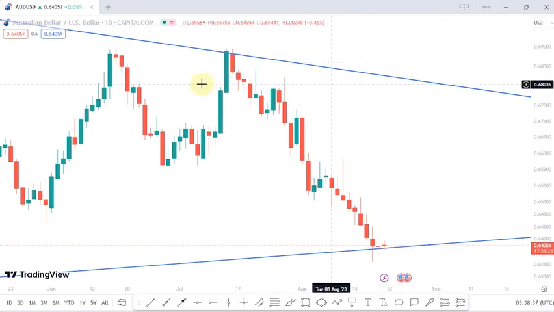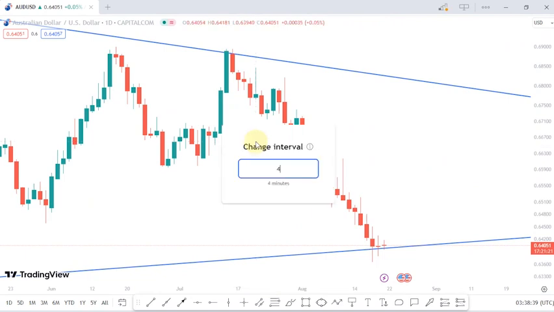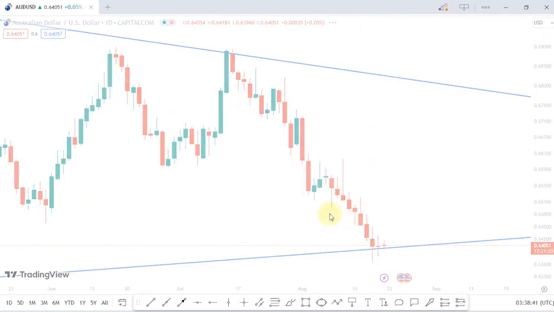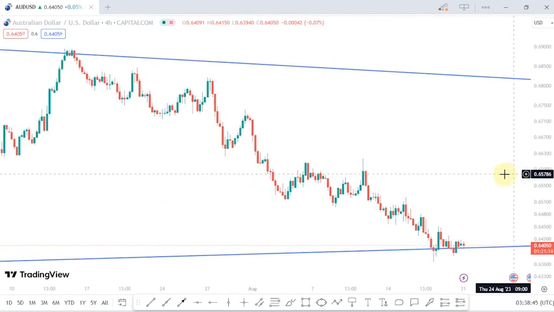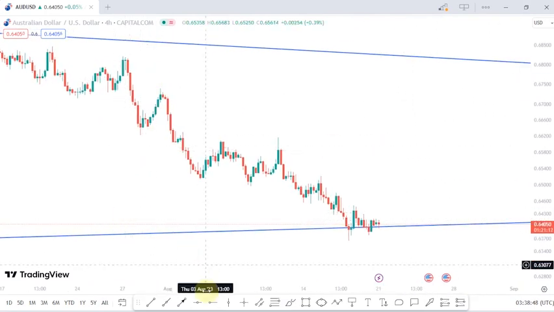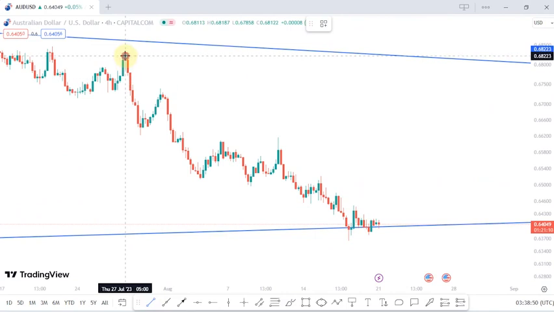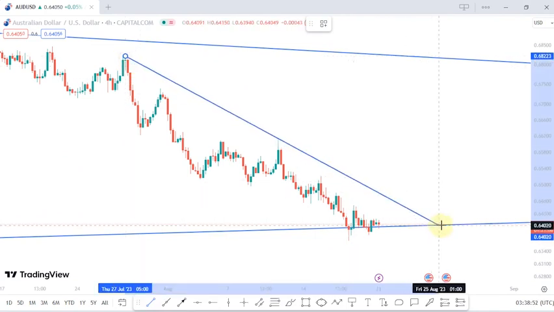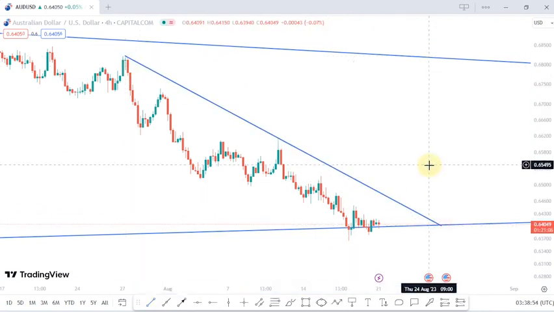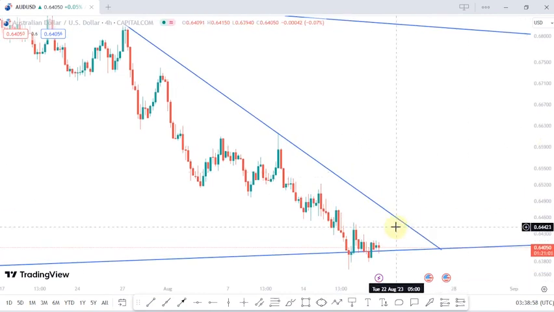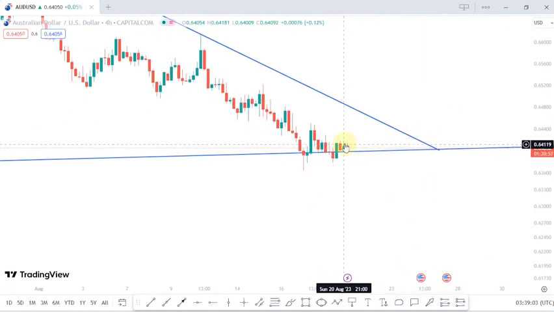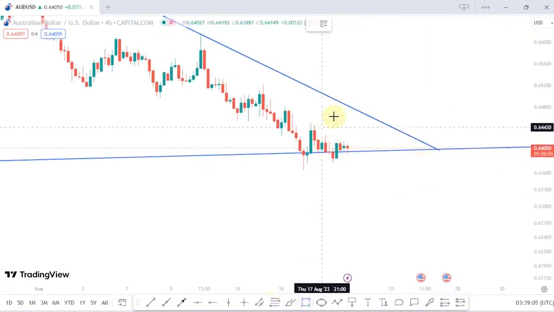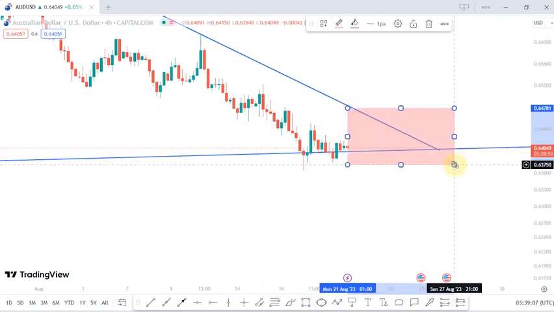So if I go down to the 4-hour time frame, I want to see if I can throw in a trend line, and here is the trend line. So this is the closest I can come when it comes to analyzing this pair. I need to see what's going to happen in this region before I take my decision.